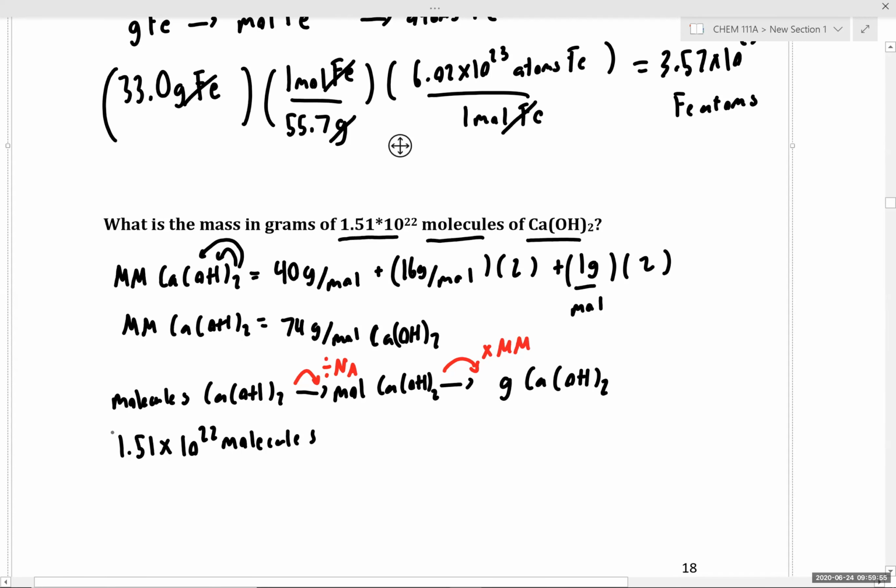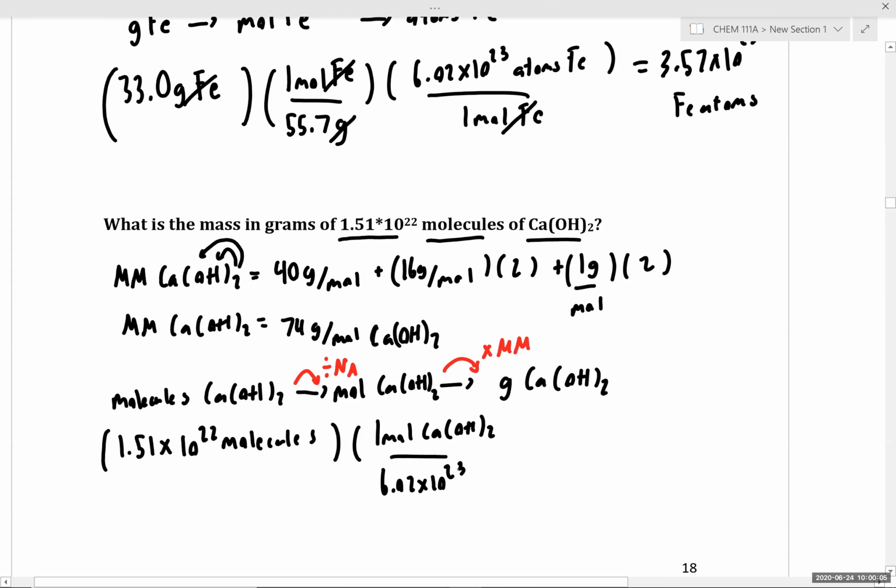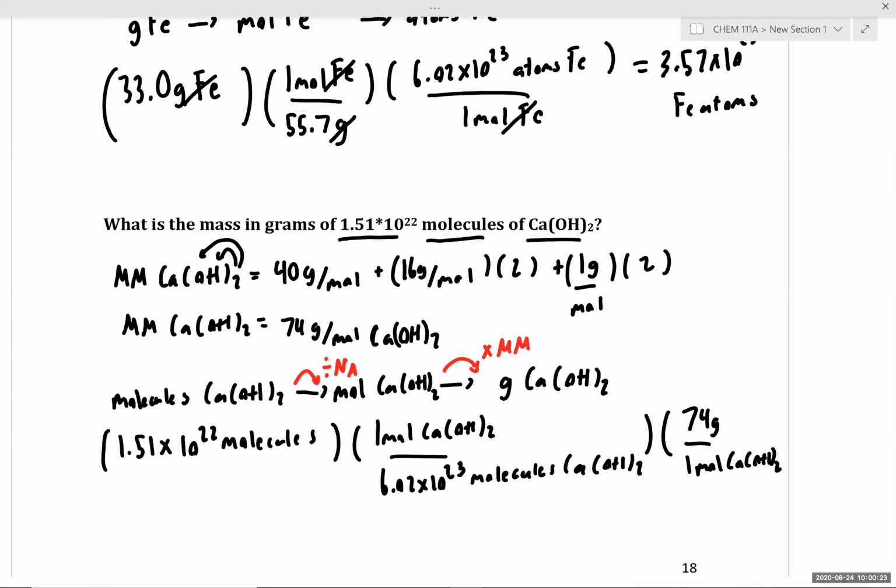And we know that in 1 mole of calcium hydroxide, there are 6.02 times 10 to the 23rd molecules of calcium hydroxide. Then, if we want to go from moles to mass, we know that we have 74 grams per every 1 mole of calcium hydroxide.